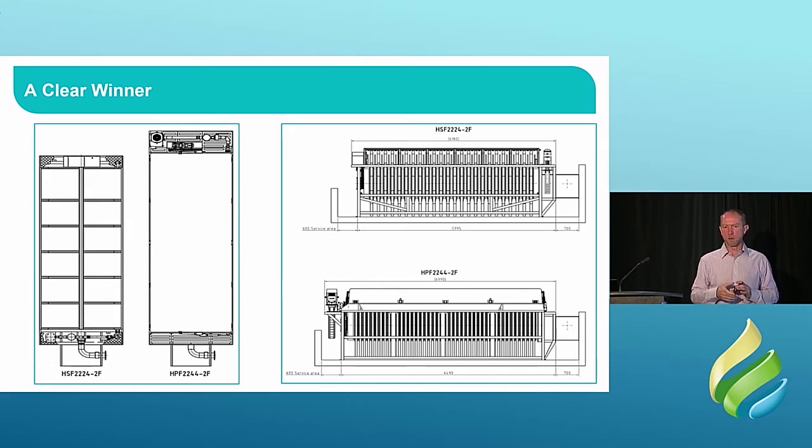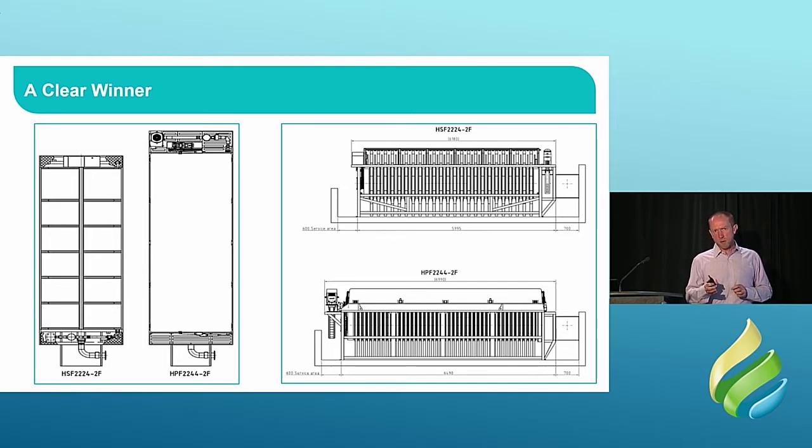The other one, the HPF 2244, is a little bit longer in terms of unit size, but not a whole lot. Still 22, so still 2.2 meter diameter, but 44 discs now mounted in that unit. So a tiny bit longer, but almost twice as many discs.